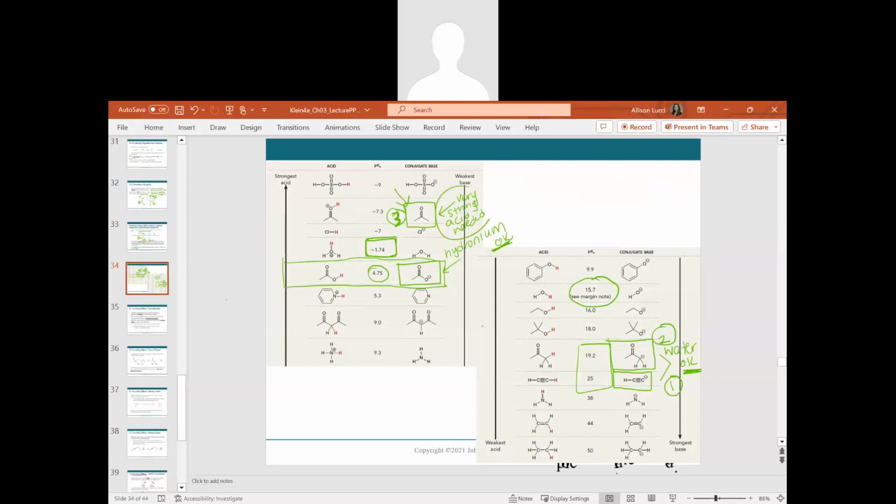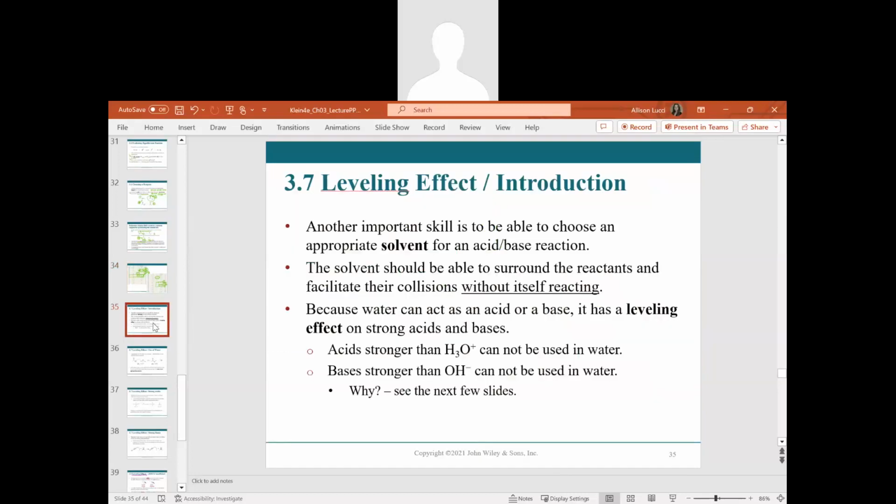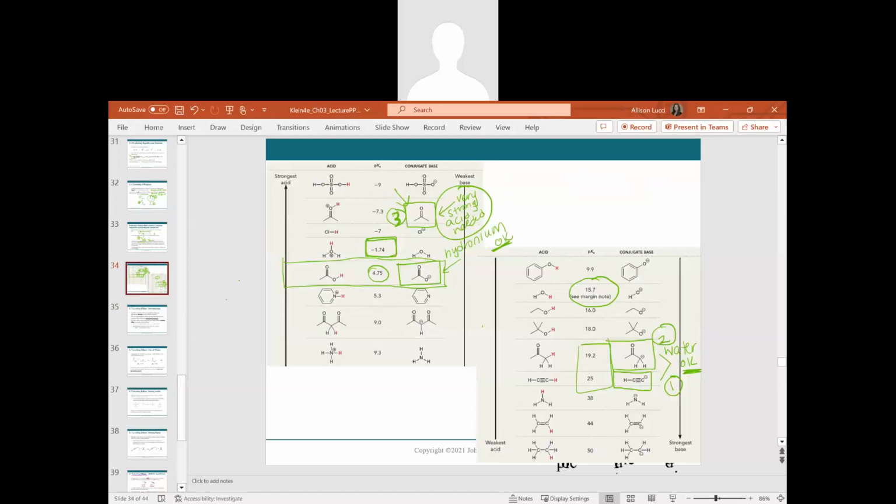So we would need a very strong acid to protonate this conjugate base. That's how you can determine, if you're given these pKa values, whether you have a suitable reagent to protonate the base that you're asked about.